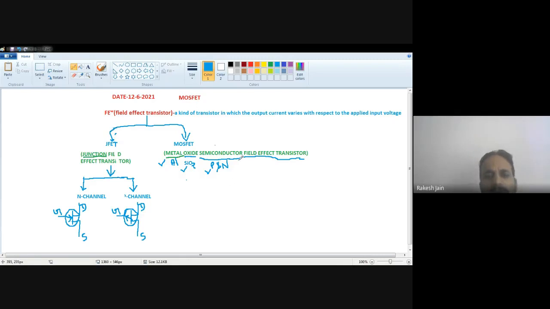Now we talk about the metal oxide semiconductor field effect transistor. The metal oxide semiconductor field effect transistor will be further divided into two categories.